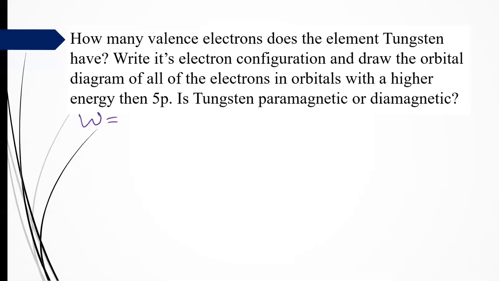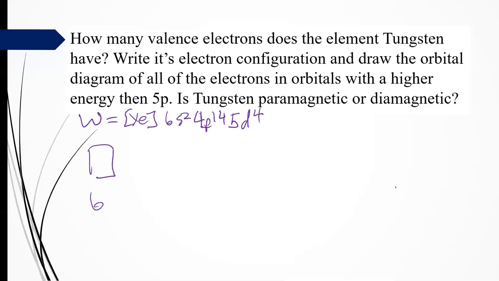So tungsten is similar to our xenon, but 6s2, 4f14, 5d4. And so as we go through this, then we should have xenon. Oh, so we already have that. So we need to do our orbital diagram. So we need to start with anything higher than 5p.